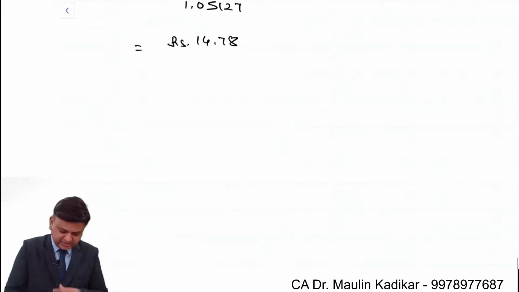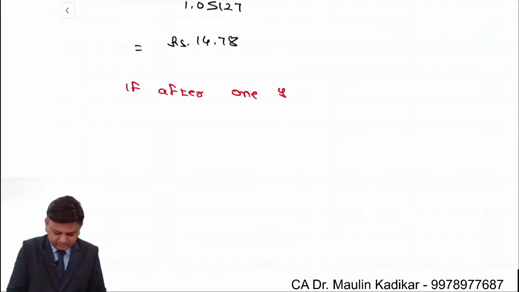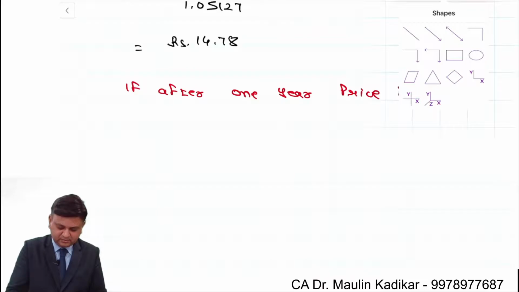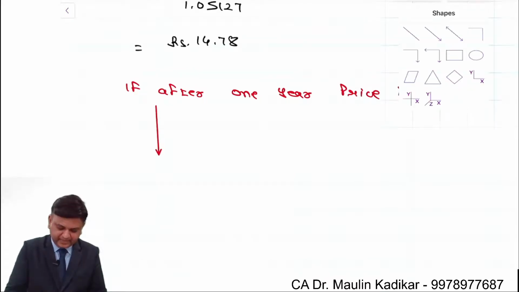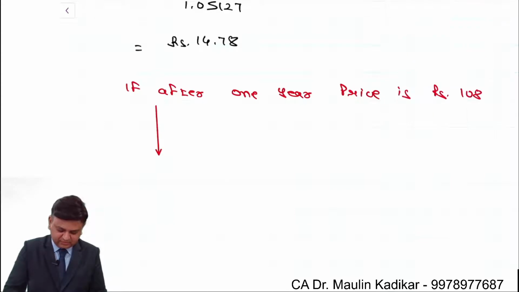So we understand that if after 1 year the price is rupees 108, you have two options. You can exercise the option right now.